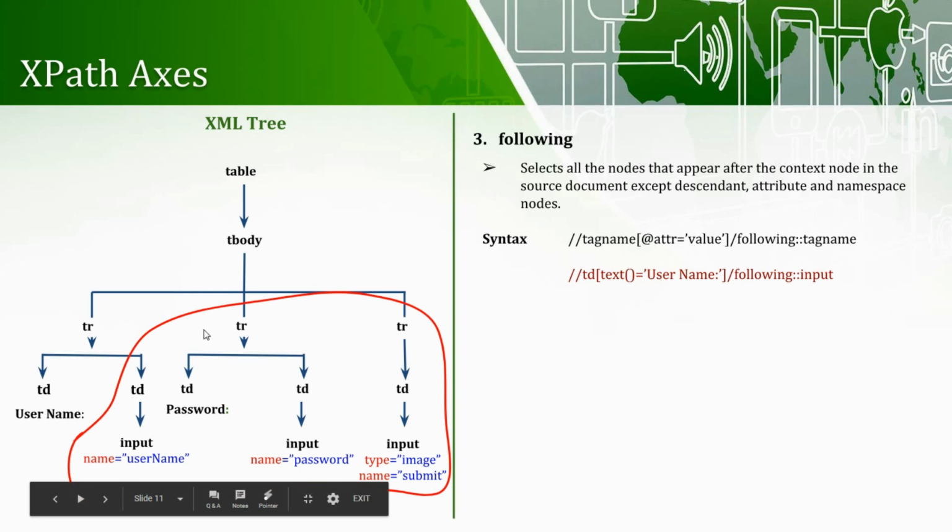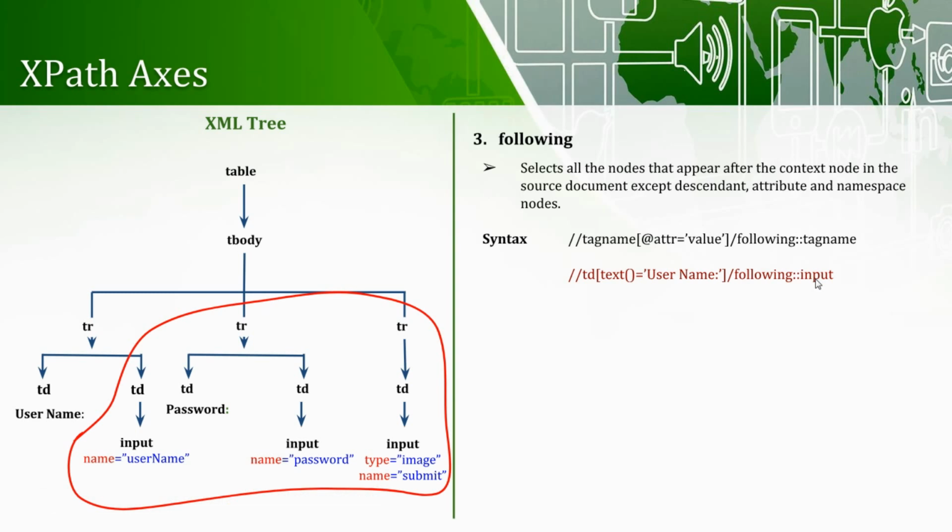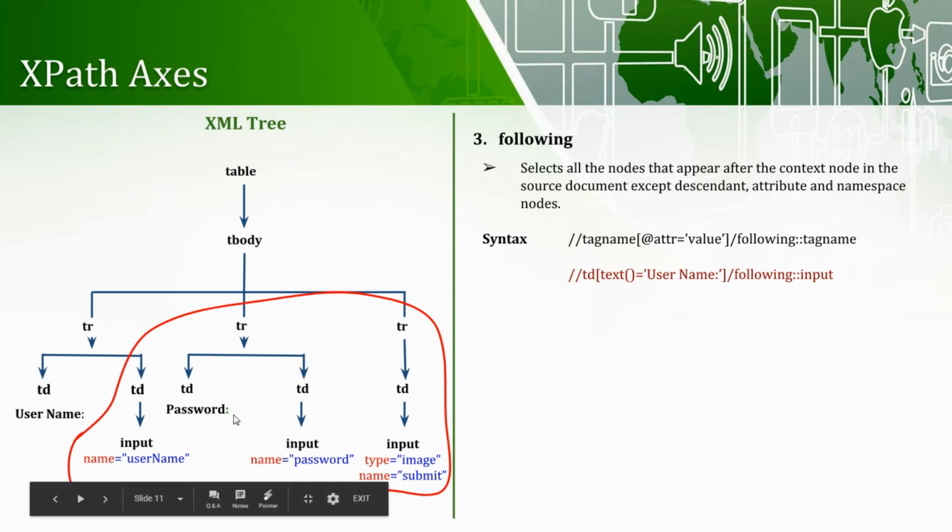So this td, the tr as well, anything that comes after the td will be under following. Now I am saying following::input. Under this complete following section that I have highlighted, how many nodes have input as the tag? I have 3: username, password and the submit button. So I will have all these 3 as my output.